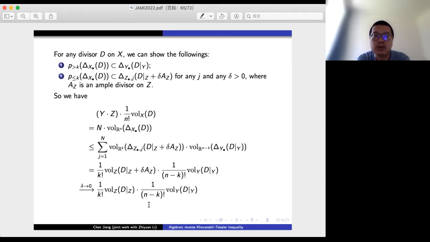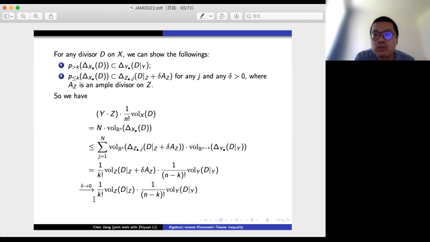Right, so this is the proof. Also, in this step, you can see that because we are taking a limit, it's very hard to determine the equality case, right? So that's one of the reasons that we cannot say when the equality holds, what happens to D and Y and Z. But anyway, we have this inequality.